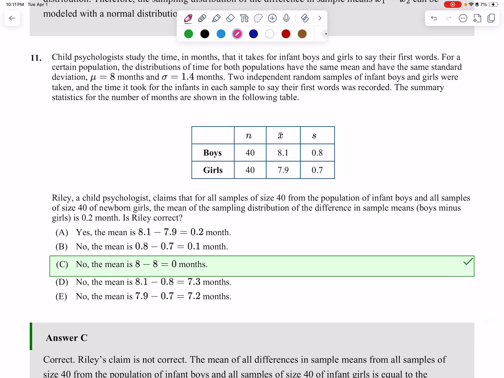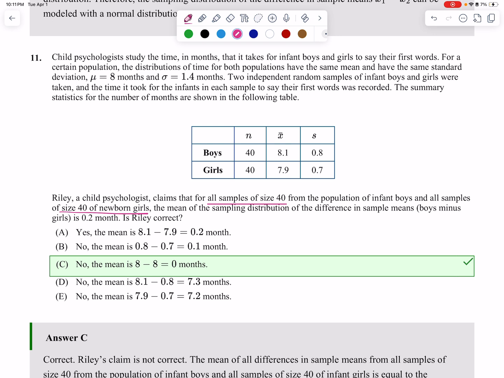Okay, it gives you the sample size. It gives you X bar and gives you S. And it says, Riley, a child psychologist, claims that for all samples of size 40 from the population of infant boys and all samples of size 40 of newborn girls, the mean of the difference of sampling means, boys minus girls, is 2.2. Is that correct?